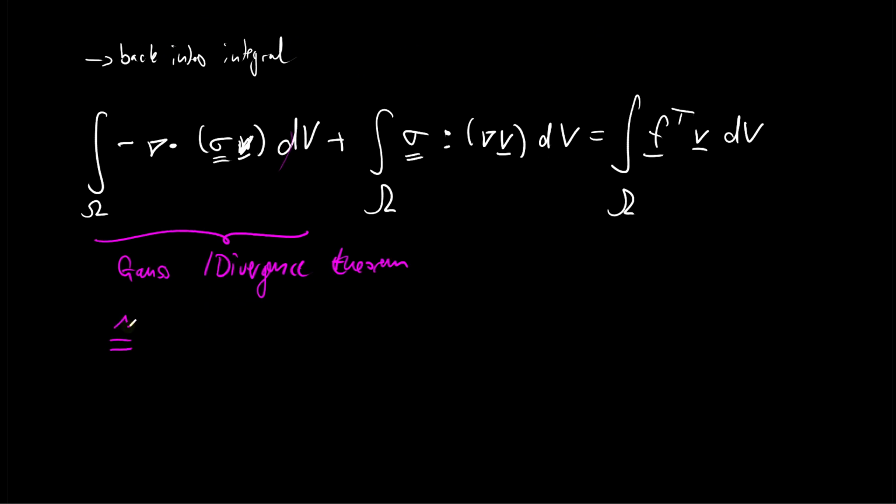So this one is identical to the integral over the surface of the boundary of omega of the expression, which is sigma multiplied with test function v, and then scalar product with the outward facing unit normal vector n, integrated over the surface. And then of course we keep our negative sign, a minus here.